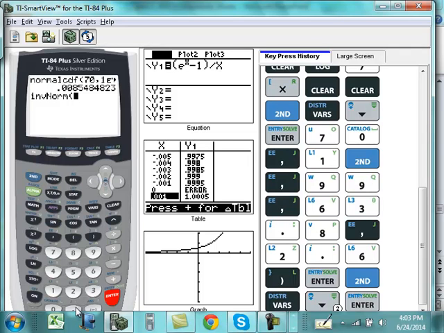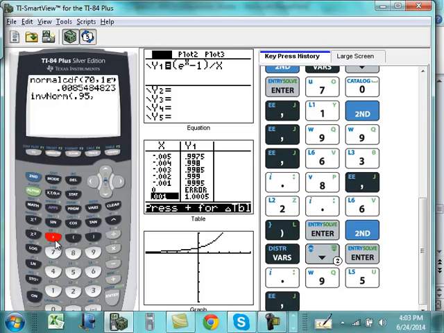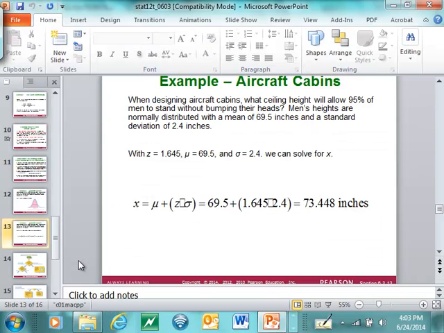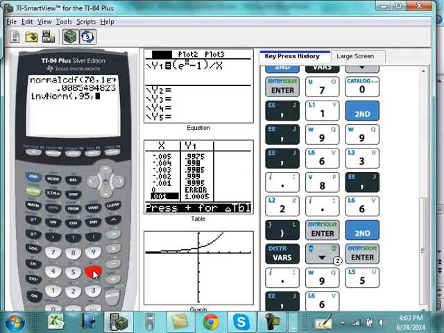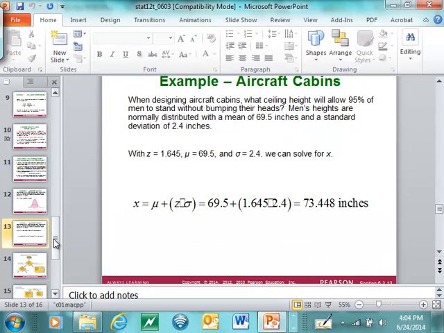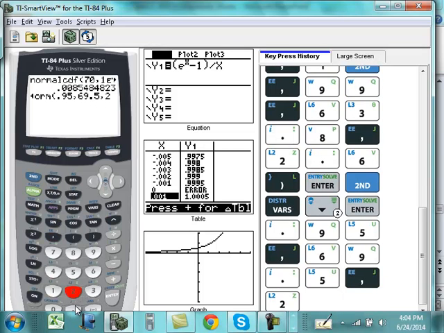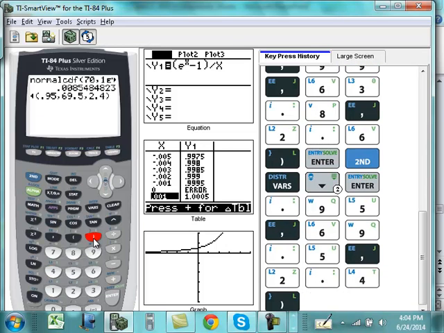So we're going to put in 0.95 as the first number, comma, and this is for a normal distribution with the mean of 69.5. So that'll be our second number, the mean of the distribution, comma. And then finally the third number is the standard deviation, which is 2.4. And we'll hit enter.